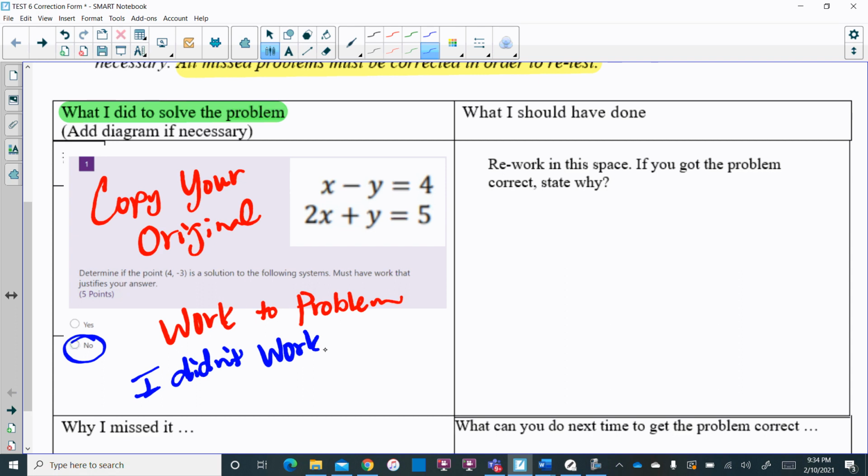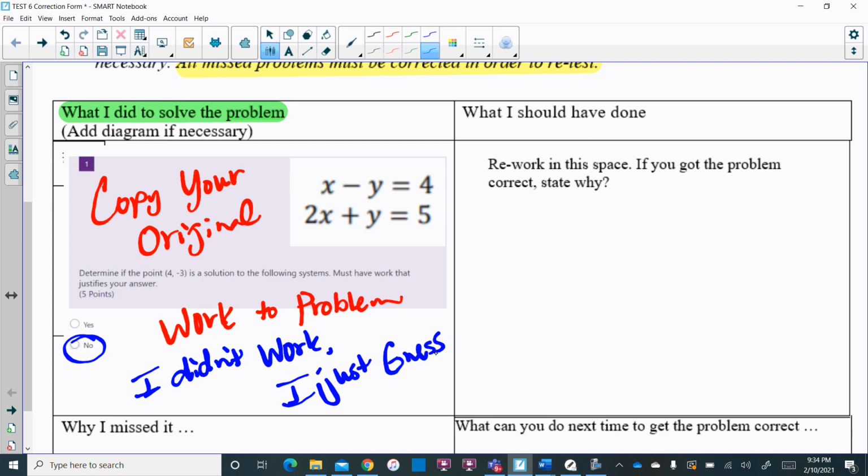Or you can state, I just guessed. Okay, you need to be honest. We need to do some self-reflecting and really think about what parts of our actions are beneficial, making you become successful, and what things are not, so we can fix those and rectify these situations.